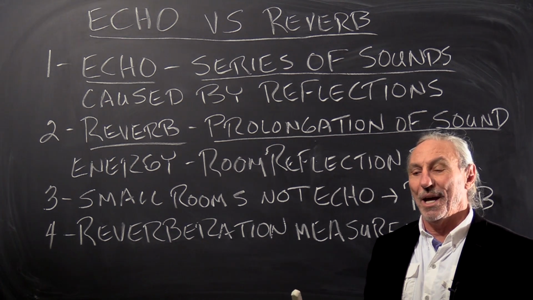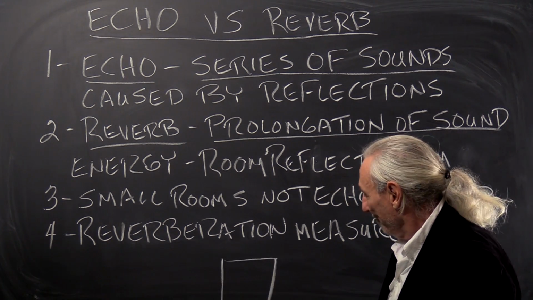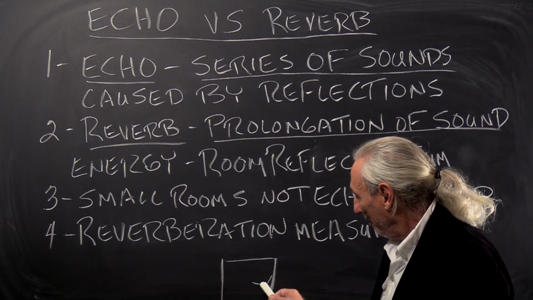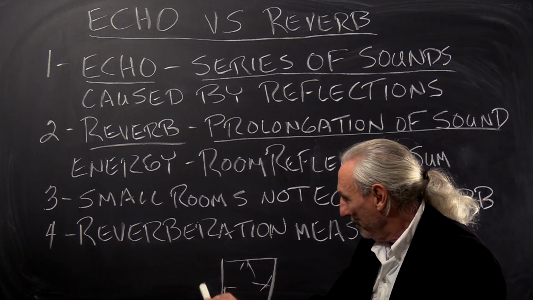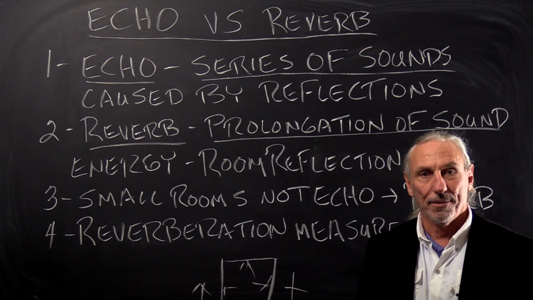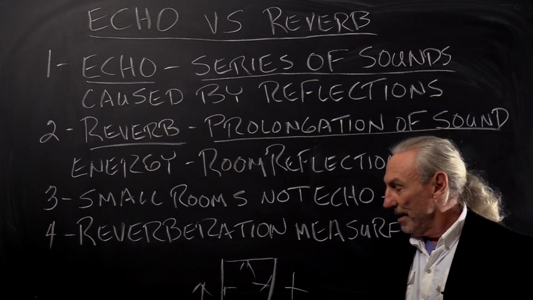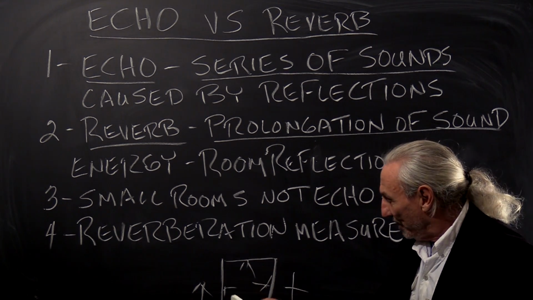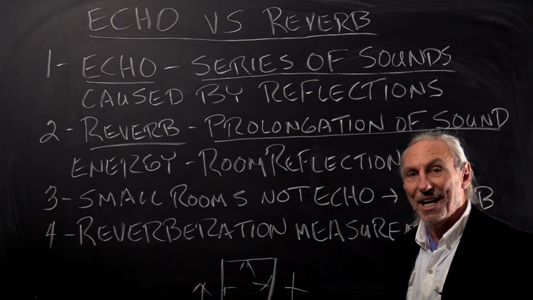So reverb is like we take all the sounds in the room that bounce off all the wall surfaces, okay, and then the ceiling height. We take all of that energy, we add it together, and then we get a reverberation time, okay? So it's the summation or the prolongation of sound within a container.